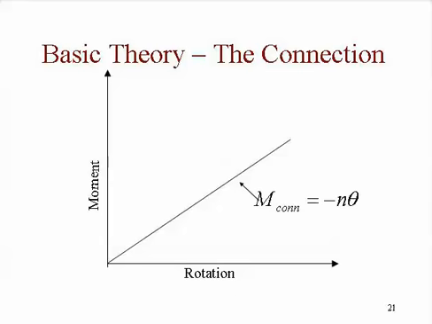Now, saying it's a straight line is a critical thing because we're making the assumption that the connection behaves linearly. Okay? And that is not going to be the case. But for now, we'll look at that as a linear connection.